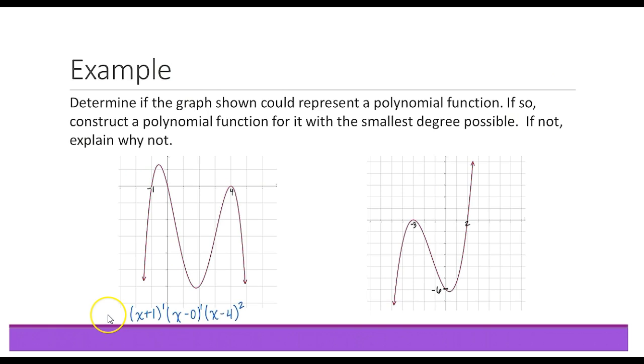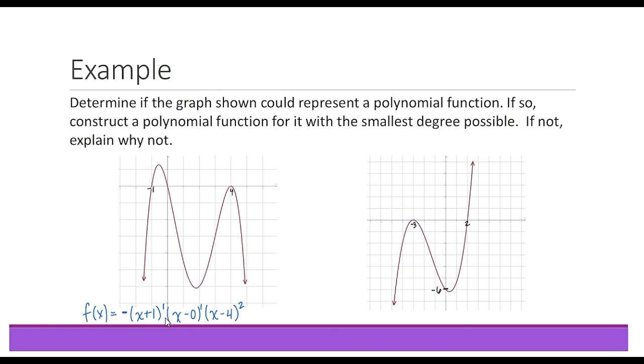So here I'm going to call this function f of x, and I'm just going to multiply it by a negative in the front. And I want to make sure now also that the y-intercept is satisfied. The y-intercept is 0, 0. And that is satisfied by this x term right here.